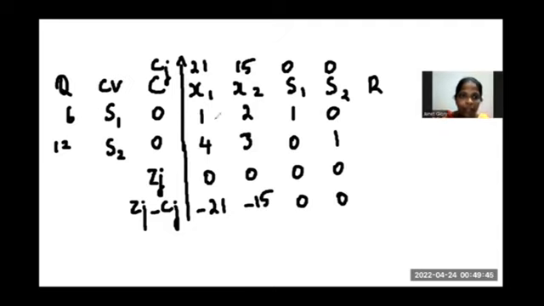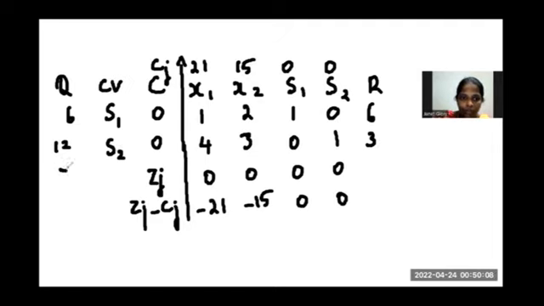That is 6 divided by 1, 6. 12 divided by 4 is 3. And the next step, by analyzing the ratio values, we have to choose the least positive value. So out of 6 and 3, 3 is the least positive value.